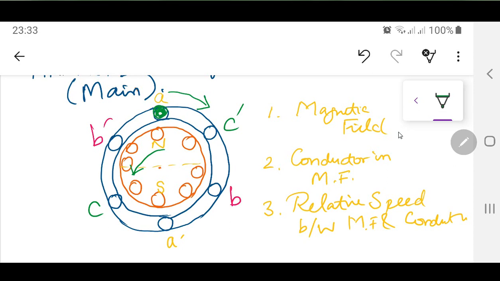The magnetic field is already there, and the conductor A is going to feel it's going in the opposite direction. So there is going to be a dot introduced in this A conductor, and just opposite to this one there will be a cross, and similarly for C dash and B dash there will be a dot, and in C and B there will be a cross as well.